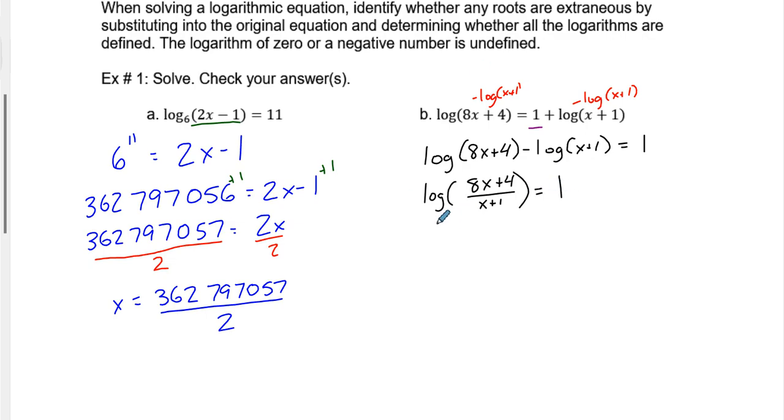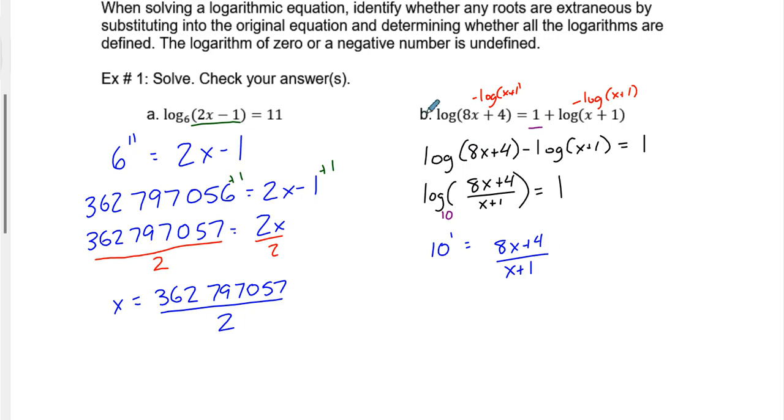Now that we only have one logarithm, we can apply that whiplash. The standard logarithm has base 10. So our whiplash would be 10 to the power of 1 would equal our one argument, 8x plus 4 over the x plus 1.